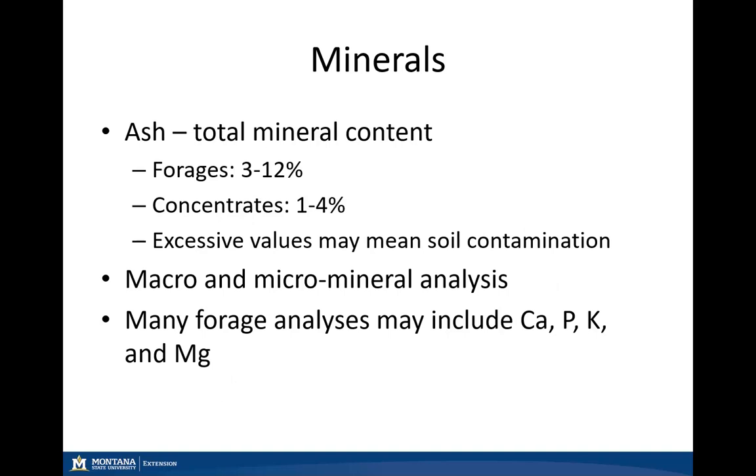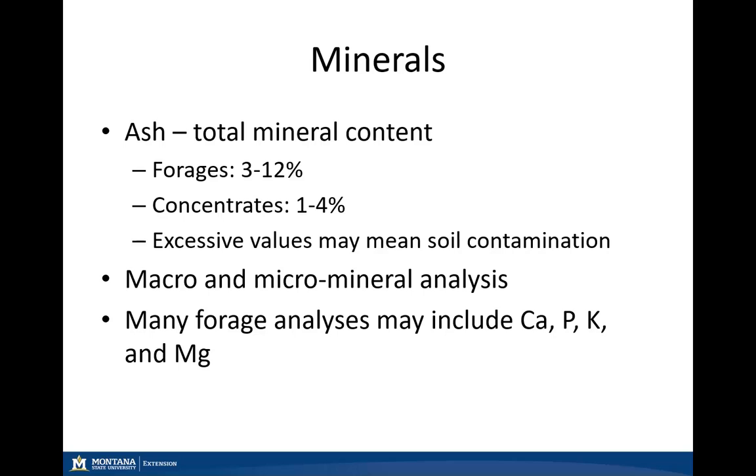Other analyses include minerals. Many basic analyses will include what we call ash, which is the total mineral content. So for forages, that can average between 3 and 12%, and for concentrates, between 1 and 4%. Excessive values, especially on the forage side, can mean soil contamination.